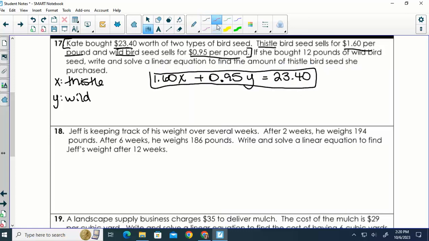Now I go to the second sentence. If she bought 12 pounds of wild bird seed. Wild bird seed is which variable? y. So my y is 12. So I plug that in.